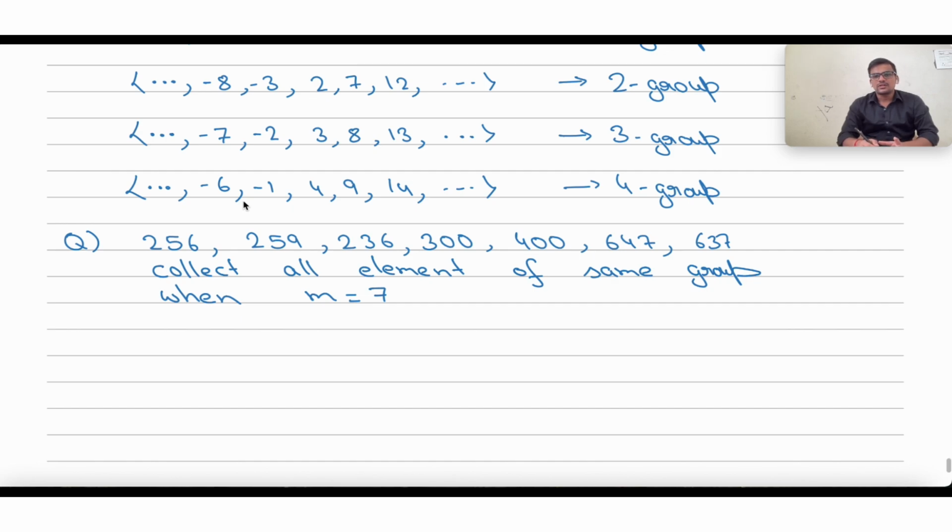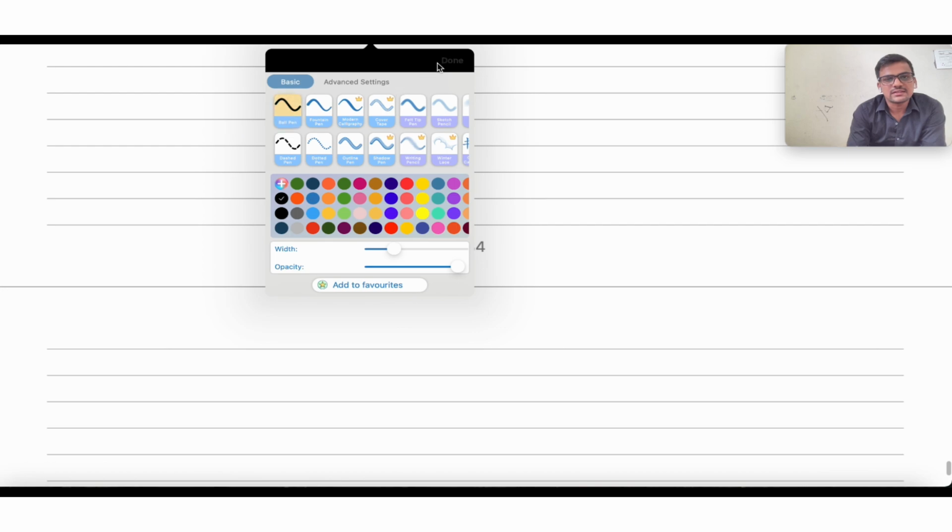Now we will move to a little bit more generalized definition of this topic. So the formal definition for congruence modulo n is what?